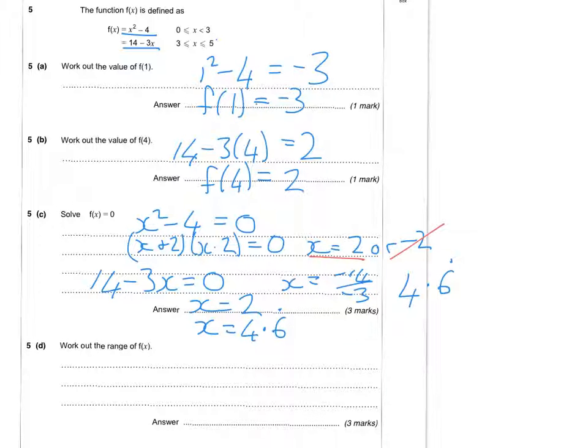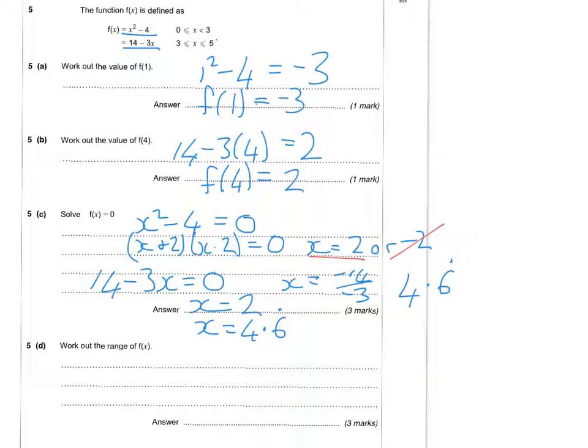Work out the range of f of x, so that is the possible y values for f of x. Okay, so we need to know the minimum and the maximum values for this function.